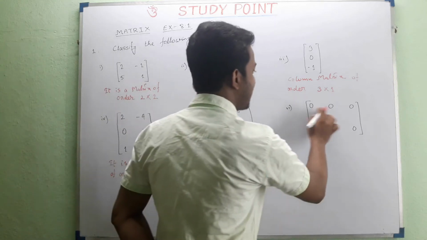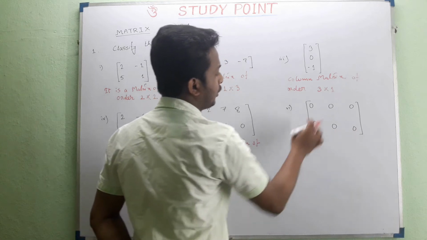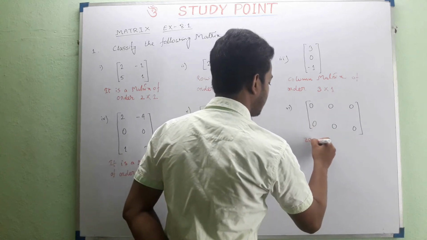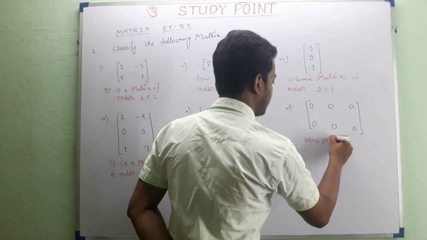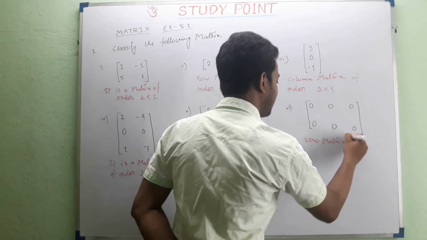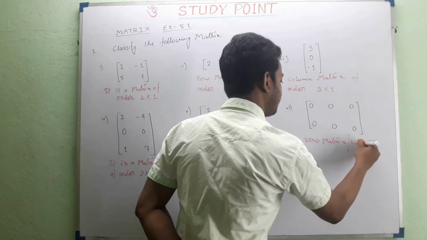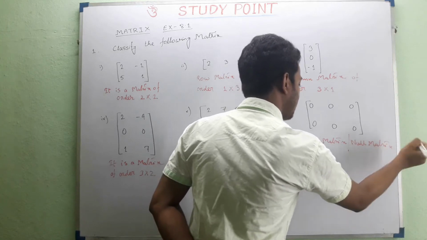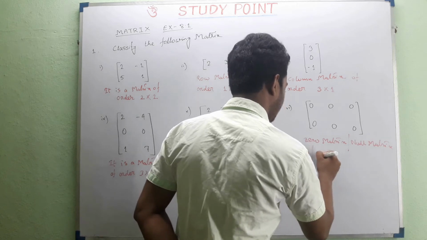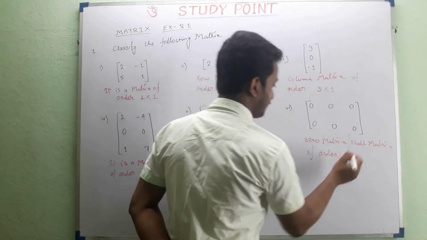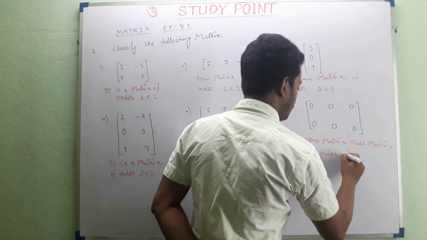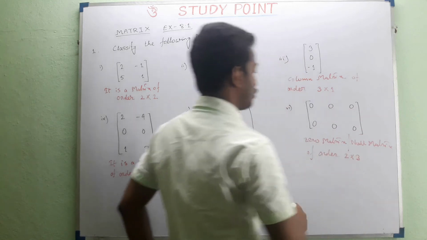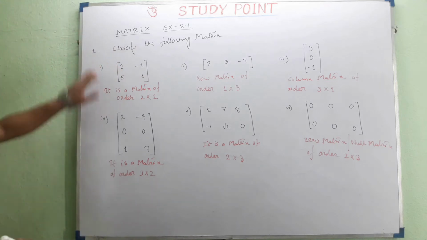Here in this one, as you can see, all the terms are 0. So it is a zero matrix, or you can say it is a null matrix of order 2 rows by 3 columns, order 2 by 3. So this is all about the first question.